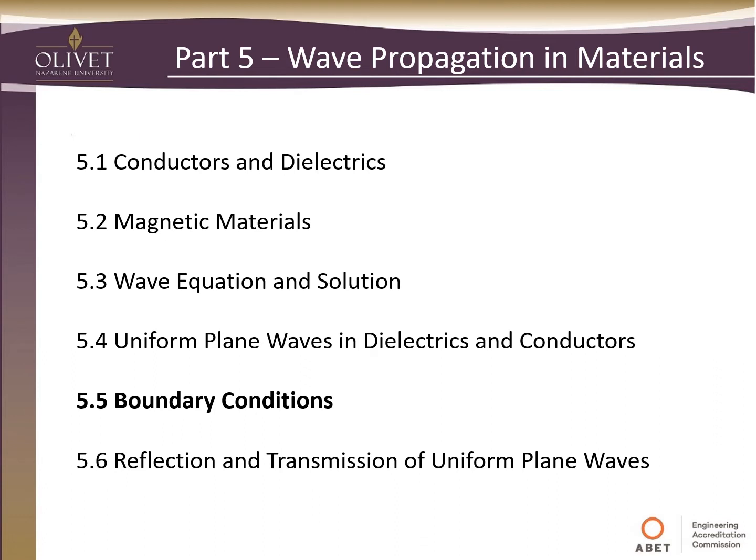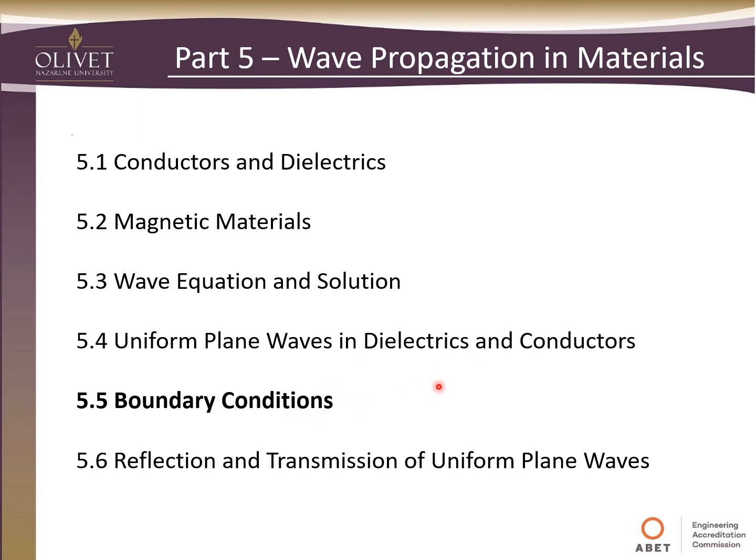So again, continuing on in part 5, we've looked at the different types of materials: conductors, dielectrics, and magnetic materials. Any material that we want to propagate a wave in must fall in one of these three types. We've solved the wave equation and found a solution for that, and then we've looked at special cases in these materials.